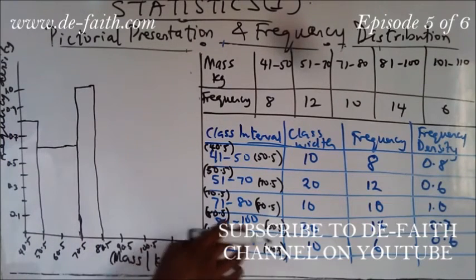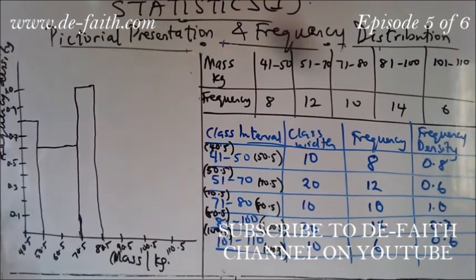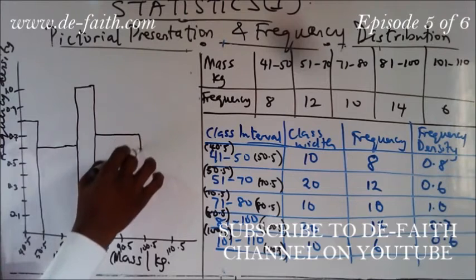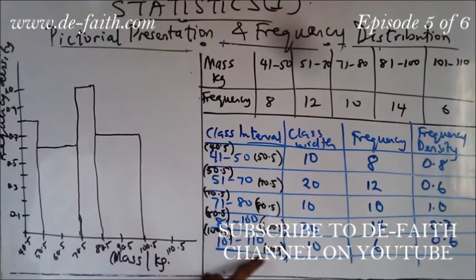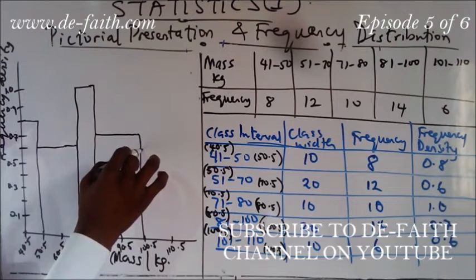Next, from 80.5 to 100.5, we have 0.7, so we'll trace it over like this. Next, 100.5 to 110.5, we have 0.6, this is 0.5, here is 0.6, so we have 0.6 over here.